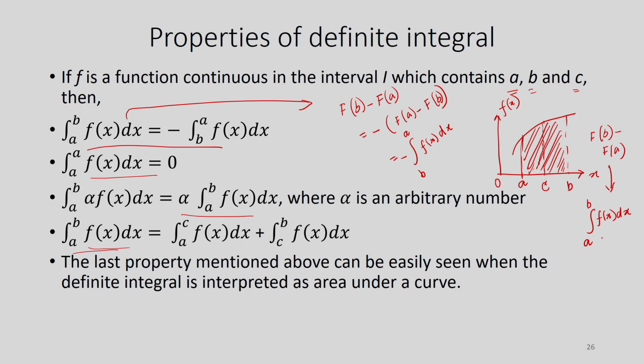So, a to b can be seen as the area between a and c, denoted by this, plus the area between c and b, denoted by this. Essentially, I am talking about this particular area on the left plus this particular area on the right. So, their summation is the total area.